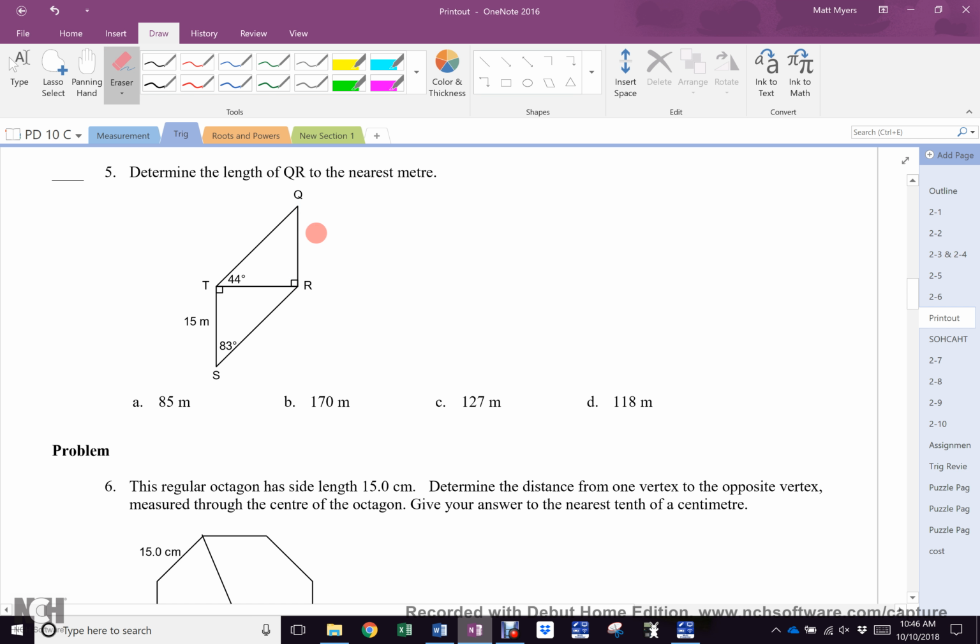So, to do QR, again, it's the exact same question. I have a theta of 83, an adjacent of 15, and I need an opposite. Correct? Yeah. So, since opposite over adjacent is on the bottom, it must be 15 tan 83, which is 122 point blah.